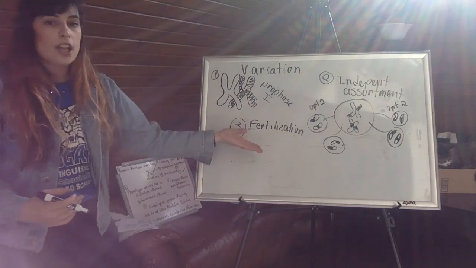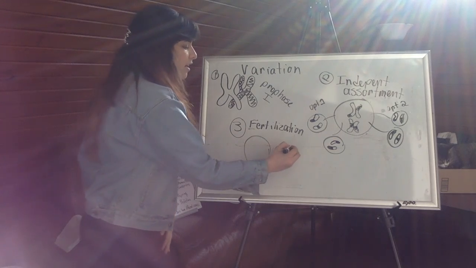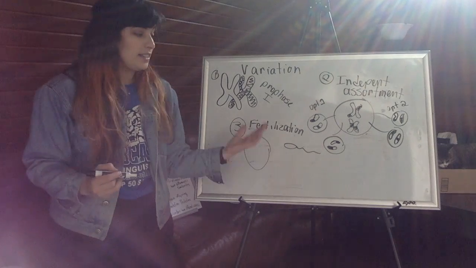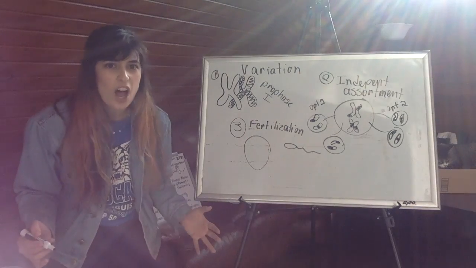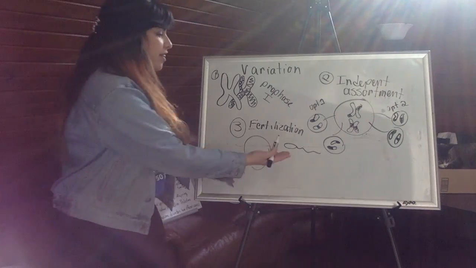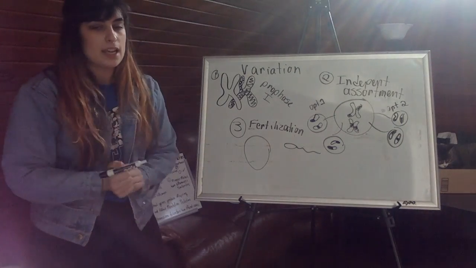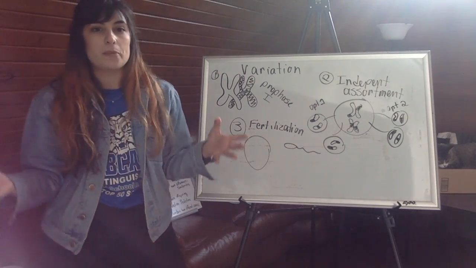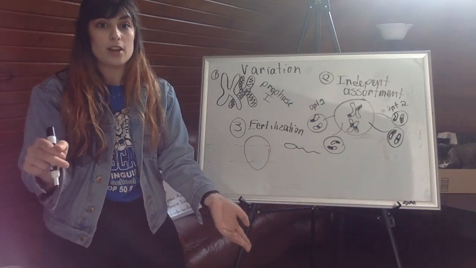So whenever we fertilize, we're taking a random egg and a random sperm. The chances of these 2 being similar to eggs and sperm of the past are very, very low. And when they combine their genes, they are just mixing up the genome even more and adding to the variation in our species and in the species of plants and other animals.